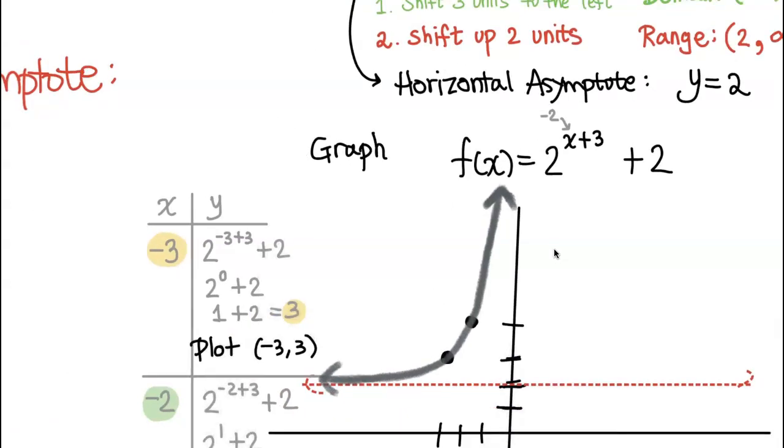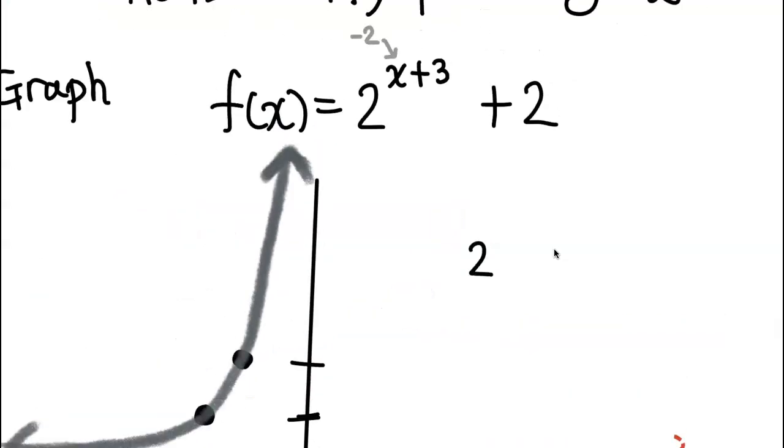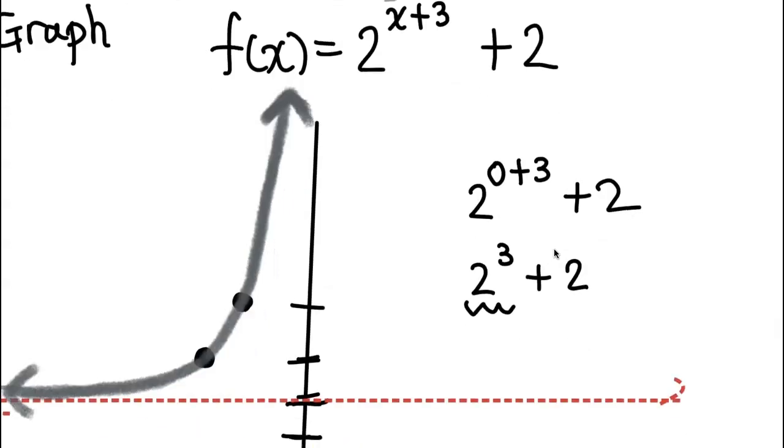And if you do want to plot one more point, I think the next good point will be the y-intercept. If you want to plug in an x value of 0, let's see what we get. Well, that is 2 to the third power plus 2, and 2 to the third power is 8, and that's 10.